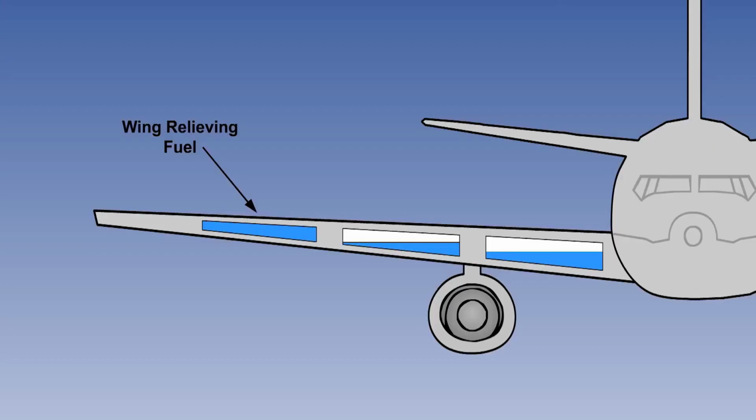Wing bending moments can, however, be reduced by mounting engines in underslung pods and carrying fuel in the wings. Some aircraft have to keep a certain amount of fuel more in their outboard tanks than that in the inboard tanks, known as wing relieving fuel, to reduce the wing bending moment.